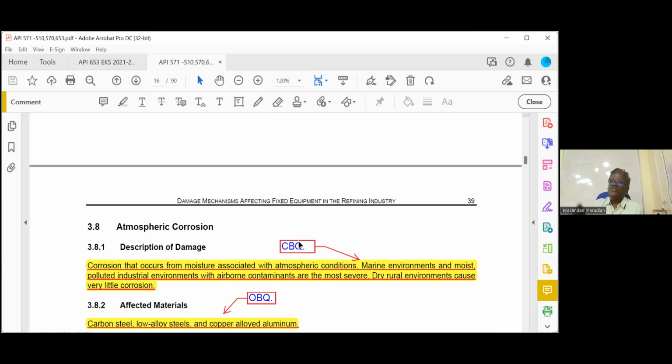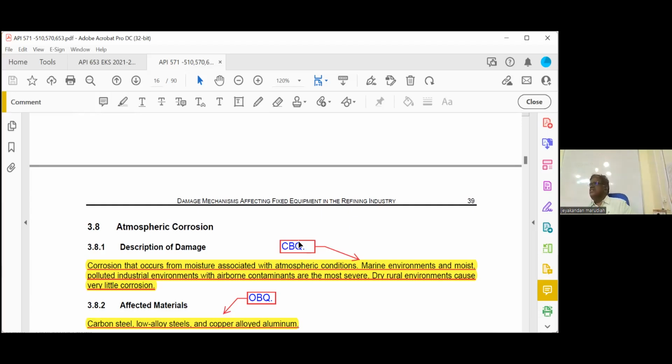So atmospheric corrosion will affect only tanks which are not coated or where there is a coating failure. It is coated, but not properly done, there is a failure. Only then will it affect. Is it clear? So atmospheric corrosion occurs because of atmospheric conditions, moisture and salt content in the atmosphere.